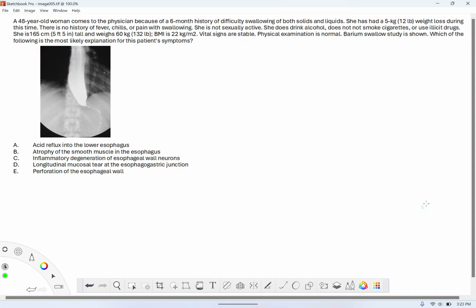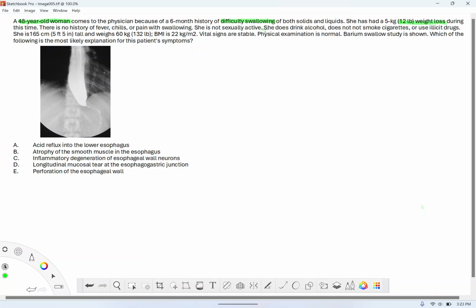Okay, so the next question is a 48-year-old woman who comes to the physician because of a 6-month history of difficulty swallowing. So 6 months, long-term, both solids and liquids. She has weight loss, about 12 pounds during this time. There is no history of fever, chills, or pain with swallowing, so it's not infection or esophagitis.